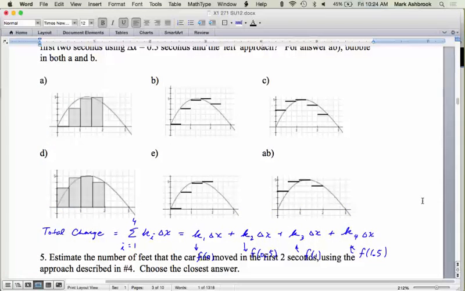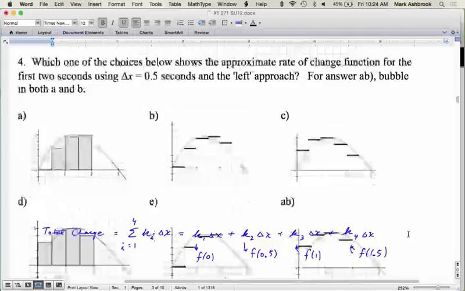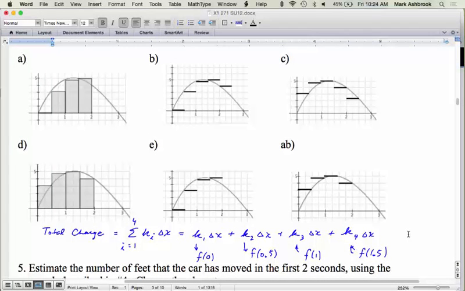Okay, so what do these other two graphs over here have to do with it? They're not showing an approximate rate function, but they are showing something related. If you think about each of these k times delta x, we see that right here, this width right there is our delta x.